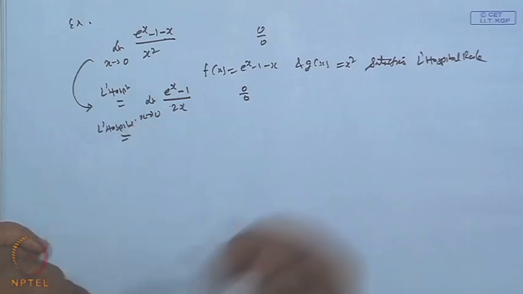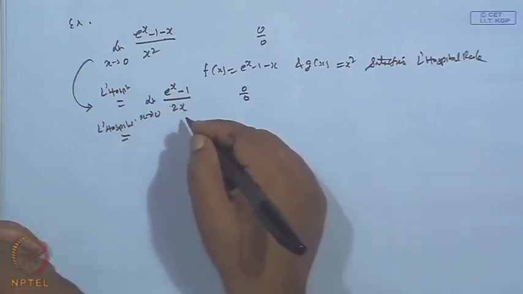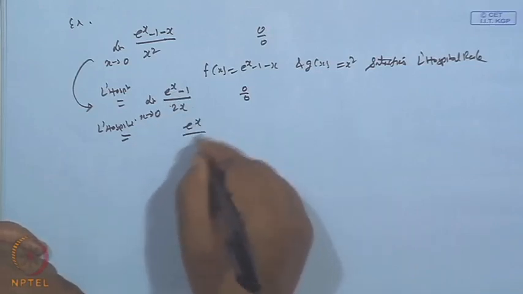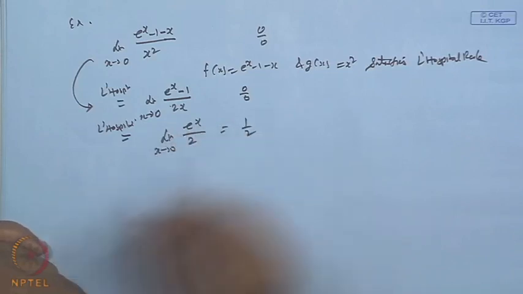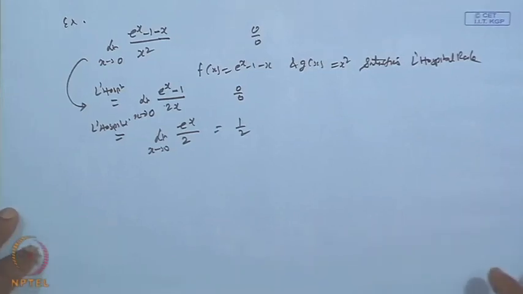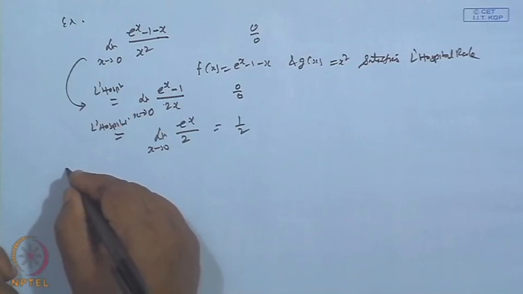We can repeatedly apply L'Hospital's rule so long as the conditions are satisfied. If we apply again, then you get e to the power x over 2, limit x tends to 0. Now, this is half. So, the answer will be half. So, this is one. Then other forms, let us take L'Hospital's rule.